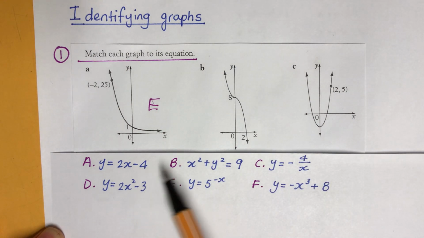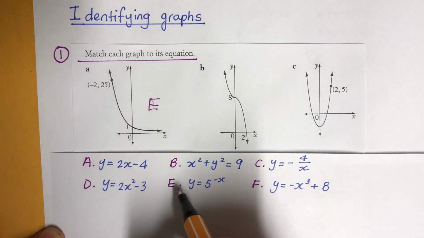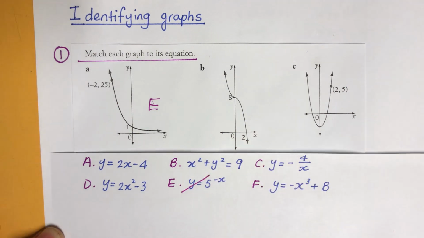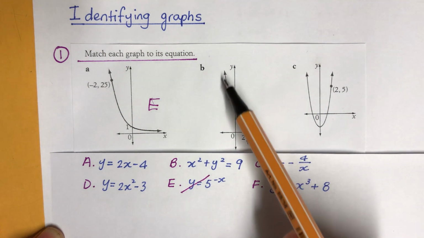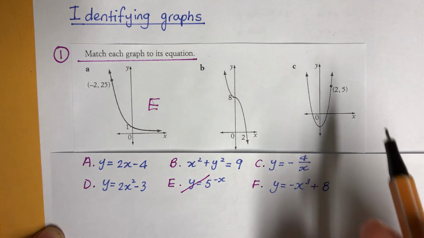So let's have a look at which one has. I'm just going to cross this out because we already used up. So we got, where's a cubic? This one's easy actually. You only got one cubic equation here, it's f, and also it's a negative. So that means it's going to go from left to the right. So this one is f.